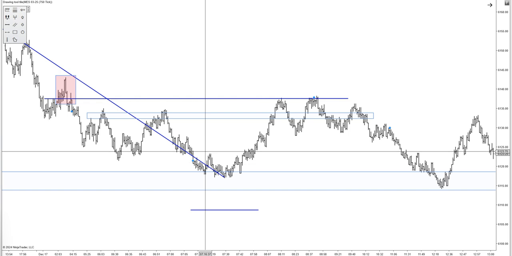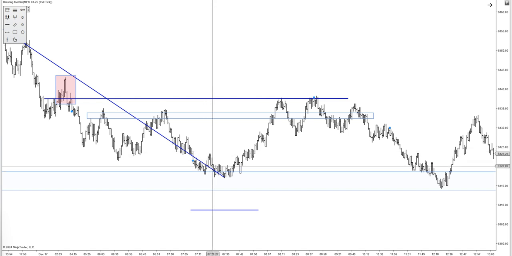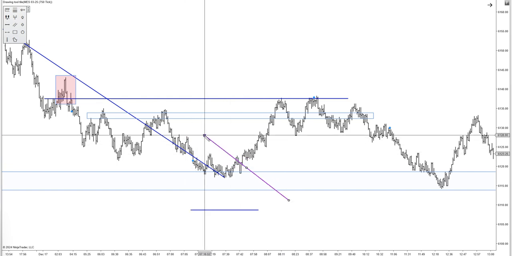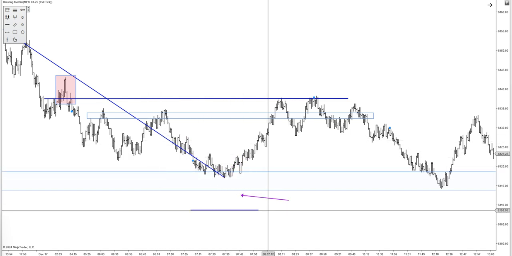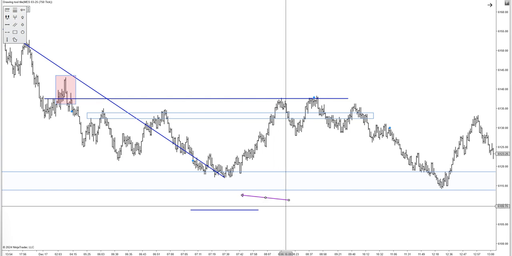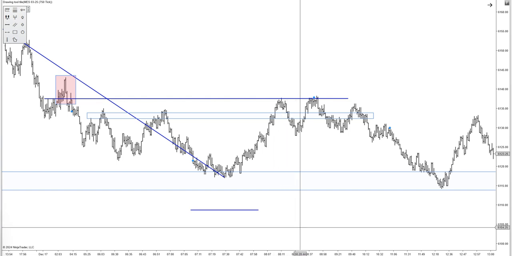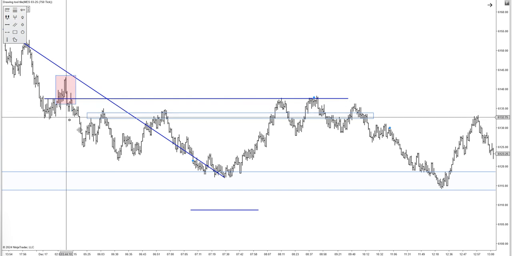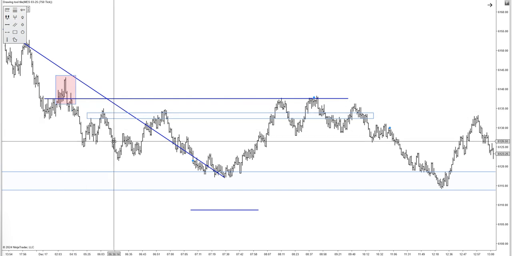How much am I making? Oh, smoked. Are you gonna put a stop up here? It's just ridiculous. Anyhow, don't do that. Don't buy into sellers and don't sell into buyers. Buy with buyers, sell with sellers. So at least I'm on the right side of these guys. I'm on the right side and I'm getting popped. I get it.